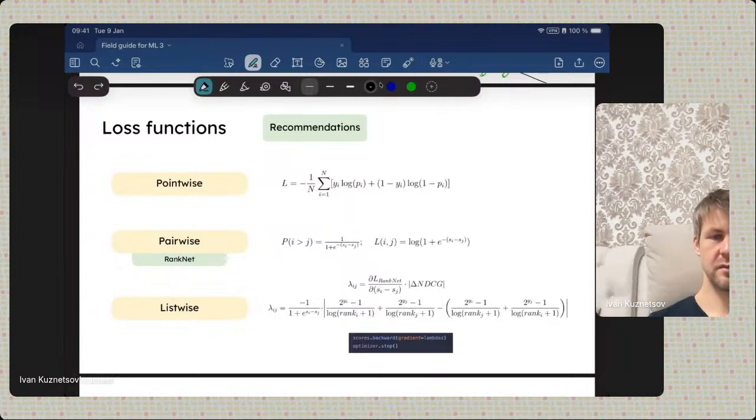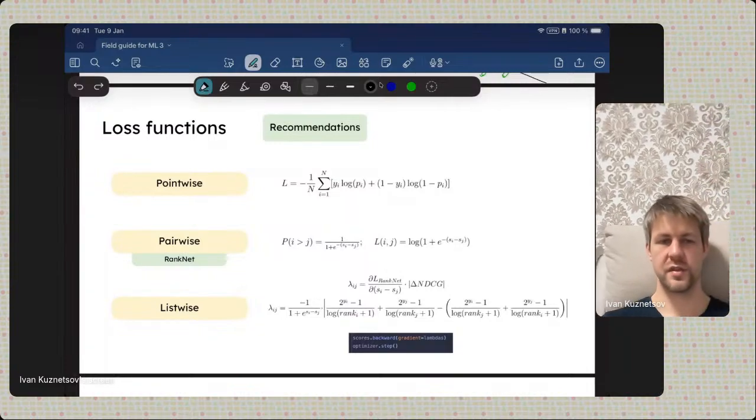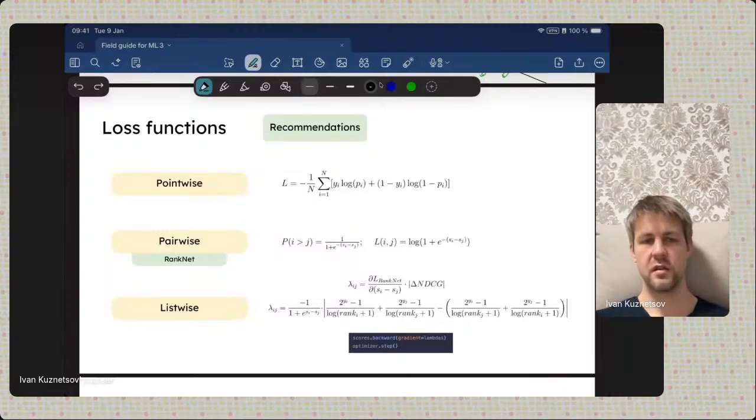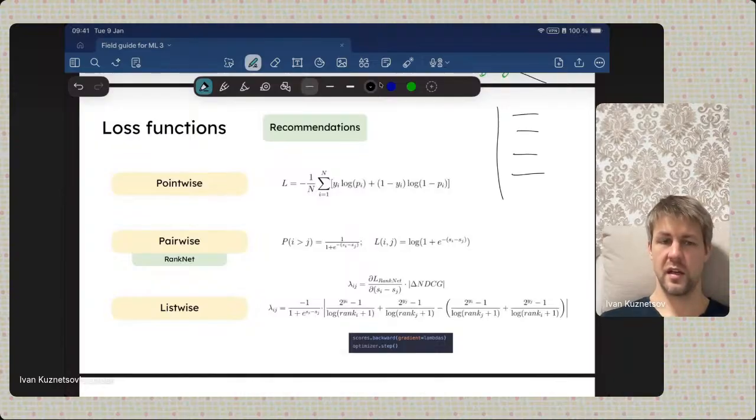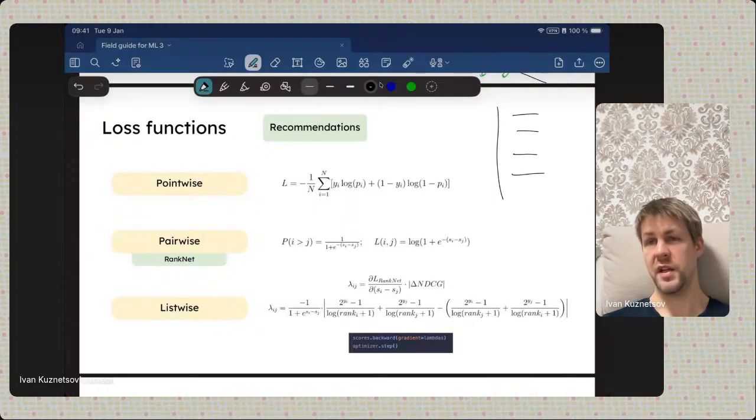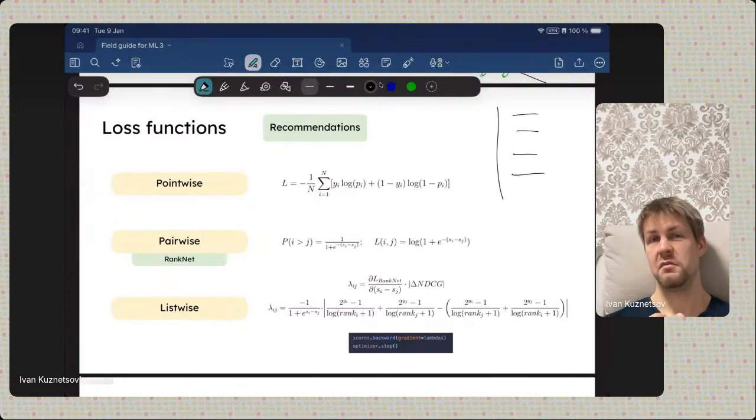Finally, let's do the recommendations. So in recommendations and ranking, you need to produce a list, and there are many possible ways you can rank this list. Also, in many scenarios, we can target different goals and different ideas.